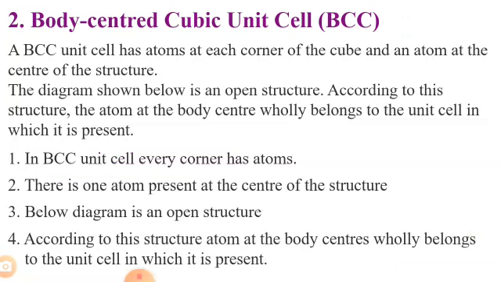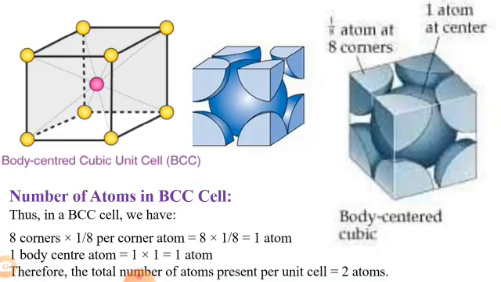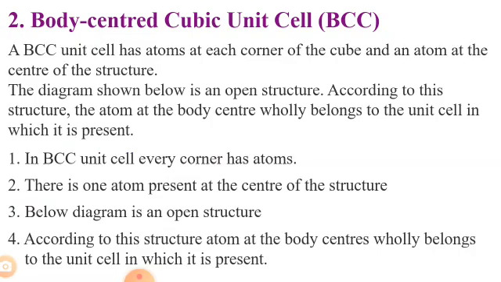According to this structure, the atom at the body center wholly belongs to the unit cell in which it is present. In BCC unit cell, every corner has an atom. In this case, there are 8 corners, and 1 atom which is present at the center of the body of that cube. That is why 8 corners plus 1 body center atom.